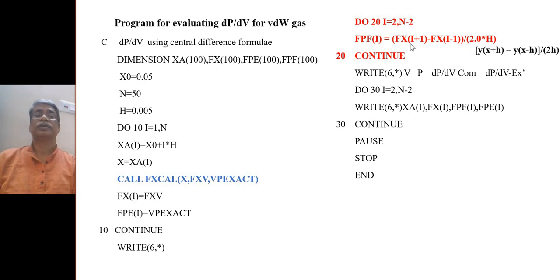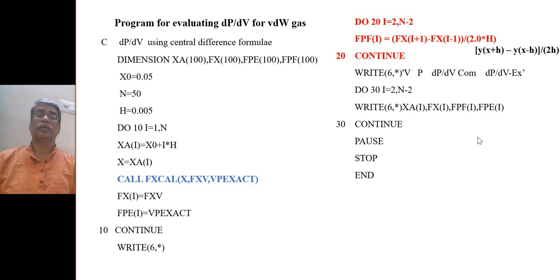So it is fx(I+1) minus fx(I−1), because it is inside a loop over I, so I goes from 2, 3, and so on, divided by 2h. So this red portion is translating the numerical differentiation scheme, and then it writes the x value, the function value at that x, that means the pressure P, and then the first derivative, and then the exact value of the first derivative.